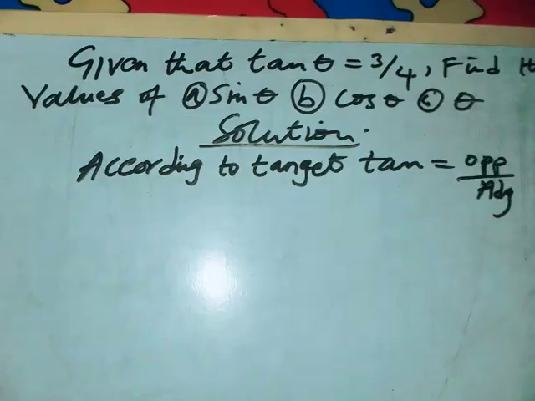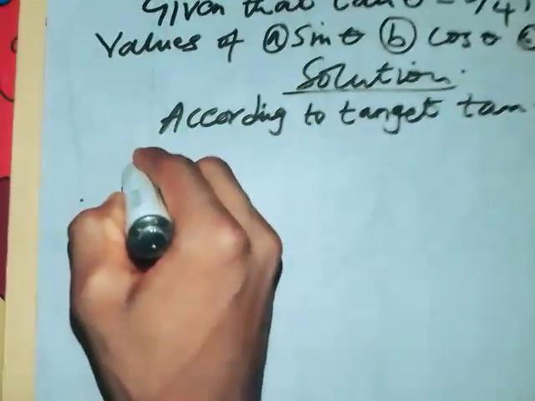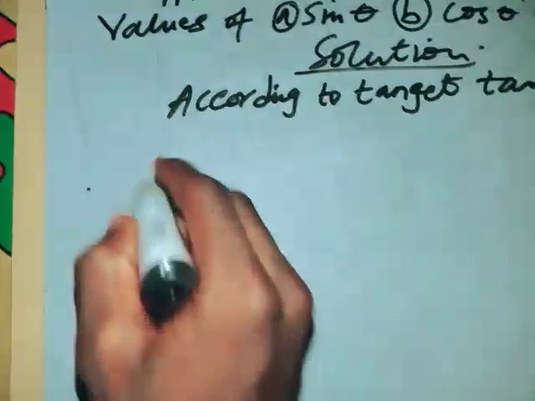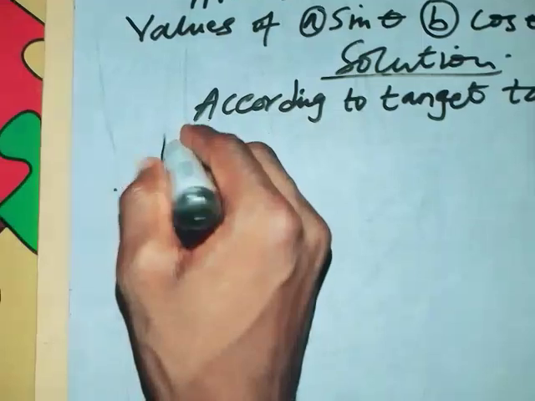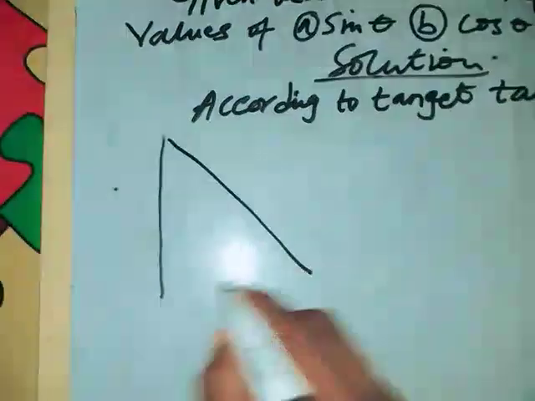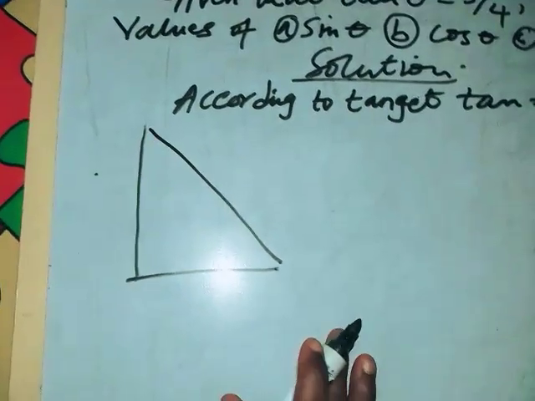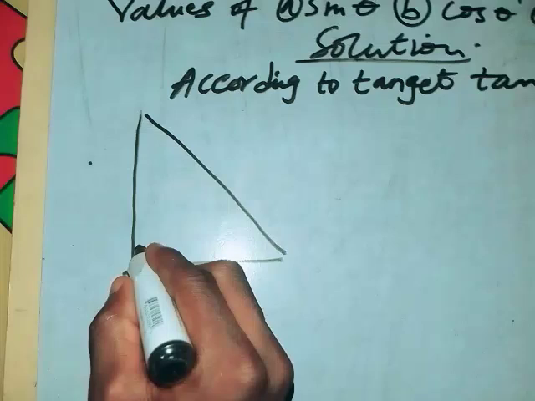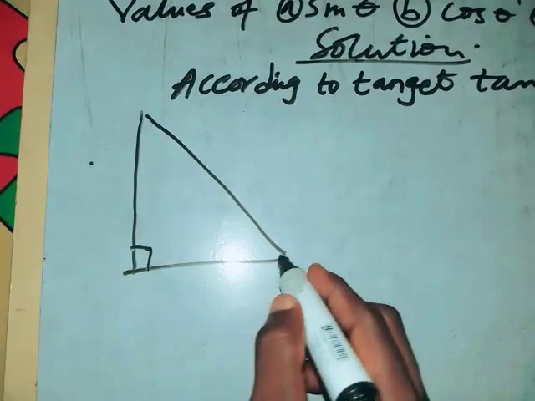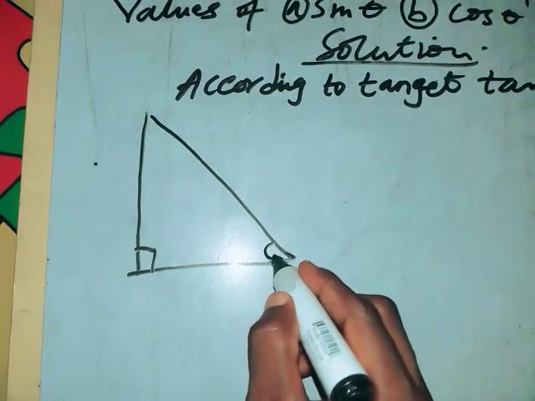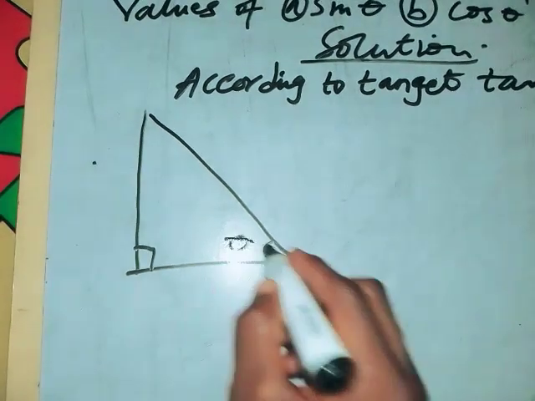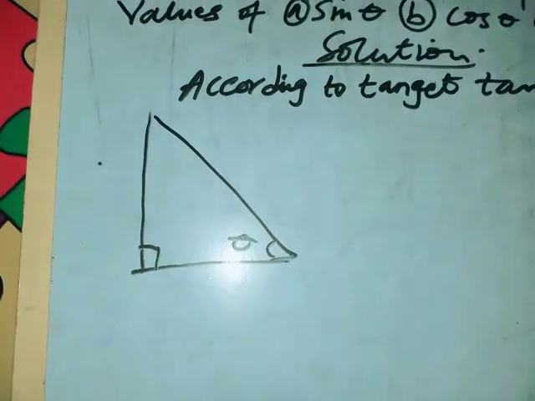So you draw a triangle like this. You can call this angle 90 degrees. You can call this angle theta, and the side theta is facing is the opposite.